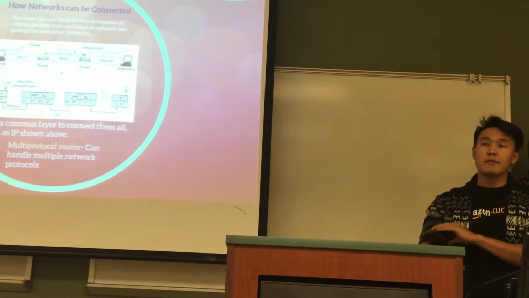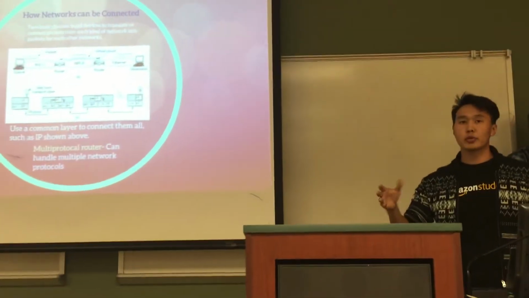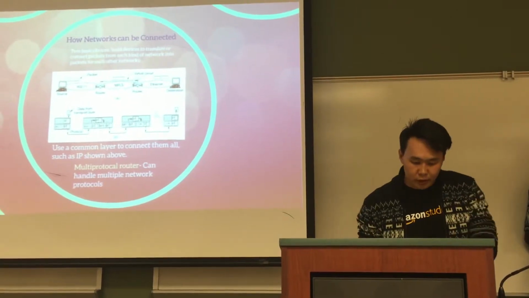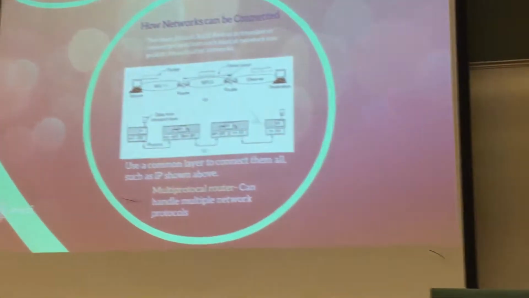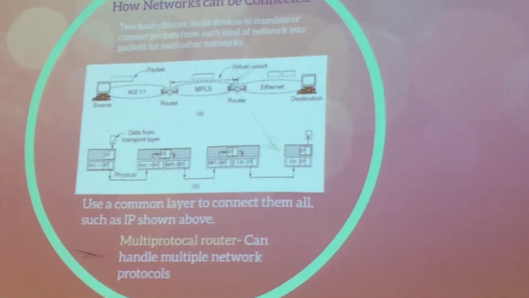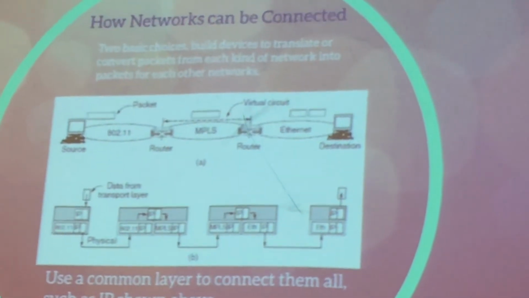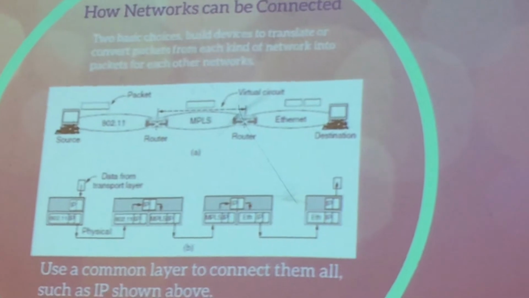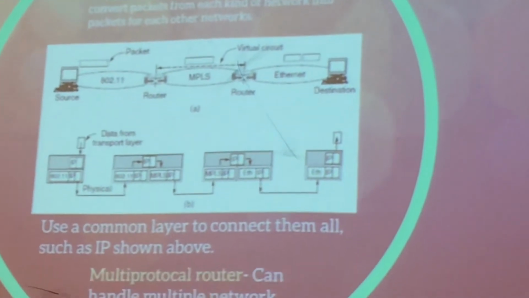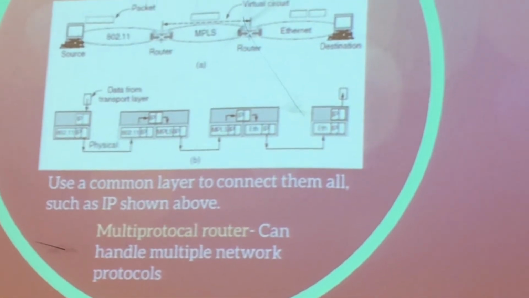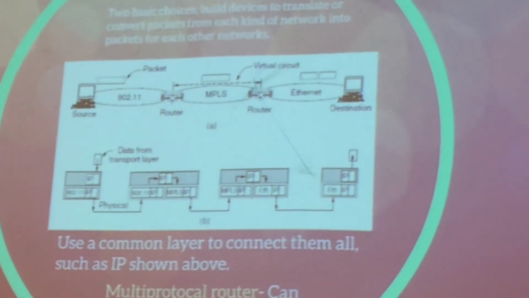That means every different network can connect with common layers. Early on, around 1974, Cerf and Kahn argued for common layers to hide the differences of existing networks. It was the IP network. And after 40 years, IP is the foundation of the internet.